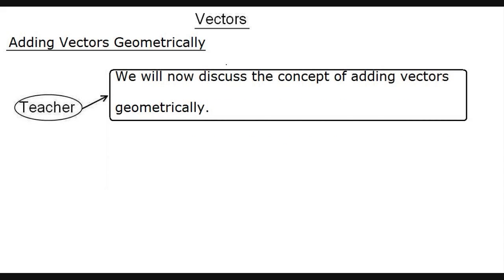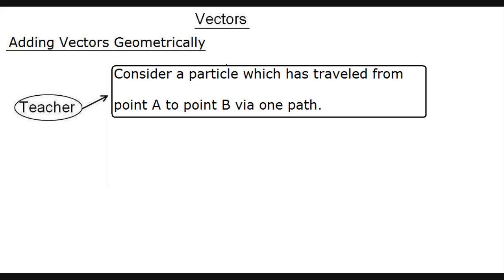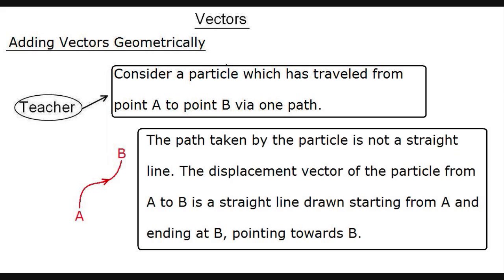We will now discuss the concept of adding vectors geometrically. Consider a particle which has traveled from point A to point B via one path. The path taken by the particle is not a straight line.